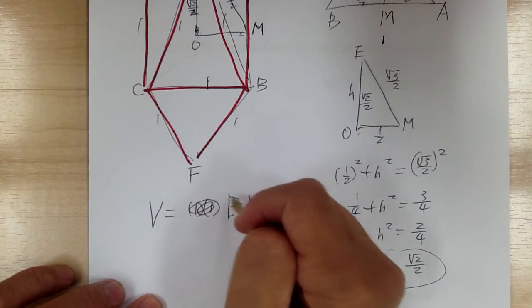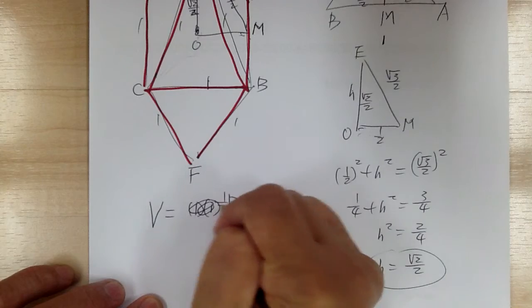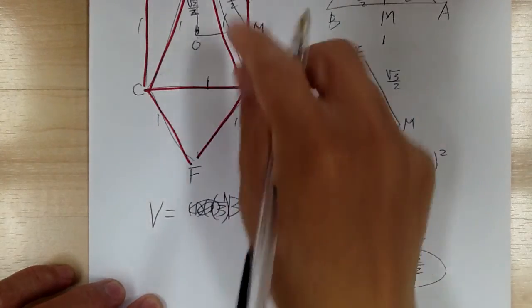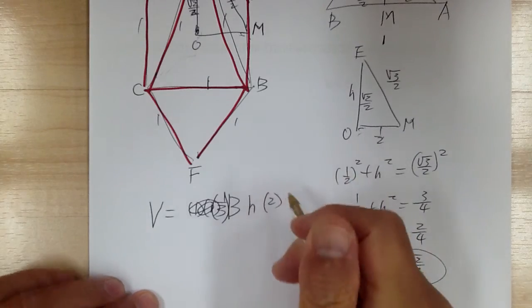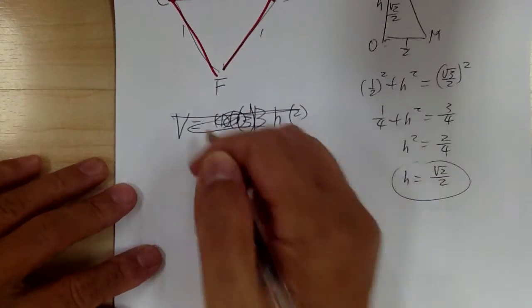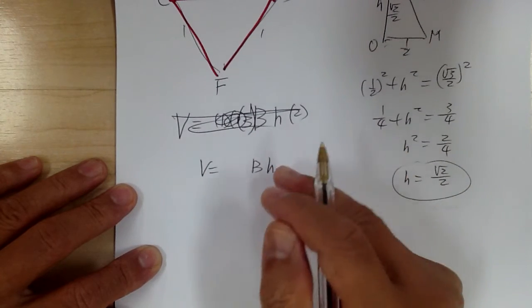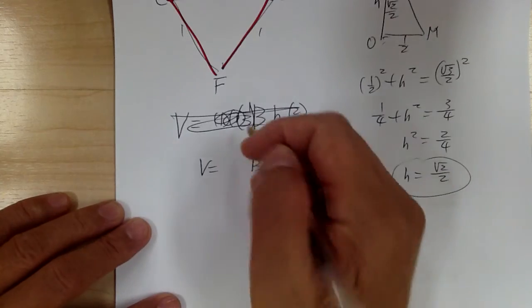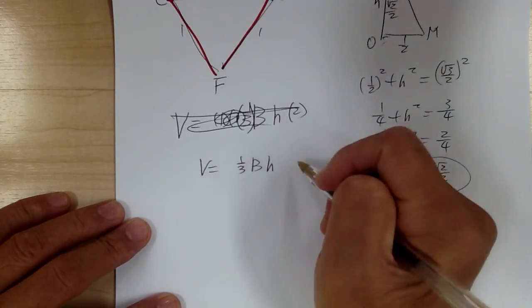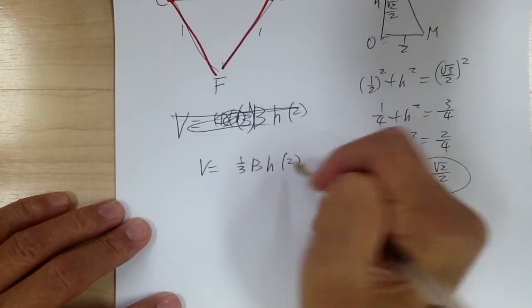So this would be 1/3, because it's a pointed top. And then there's one on the top, one on the bottom, so you times it by 2.